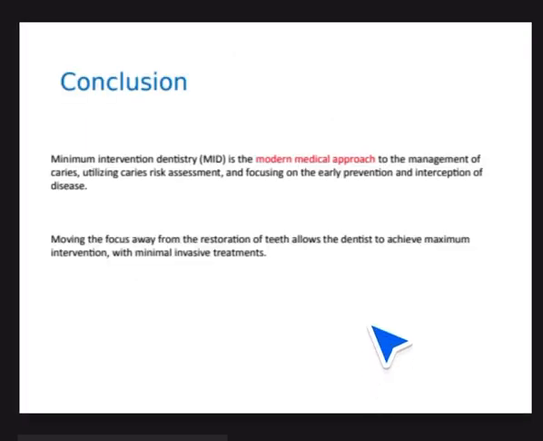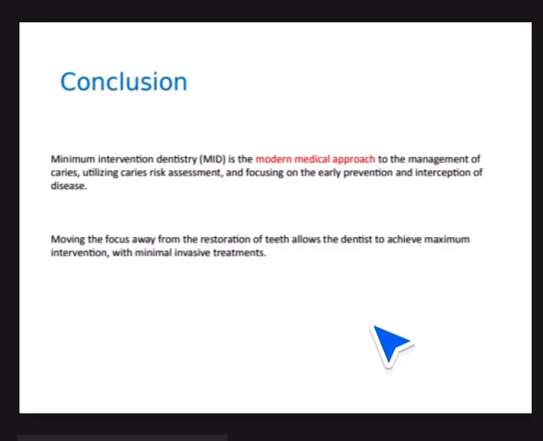Then, finally, all of you have to become minimal intervention dentists. Please do not make large cavities. Please remove bacteria from the oral cavity. They will control the disease and you will not get caries in patients. Make your cavities as small as possible.